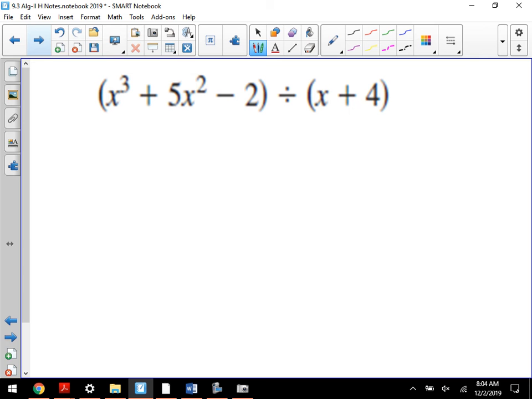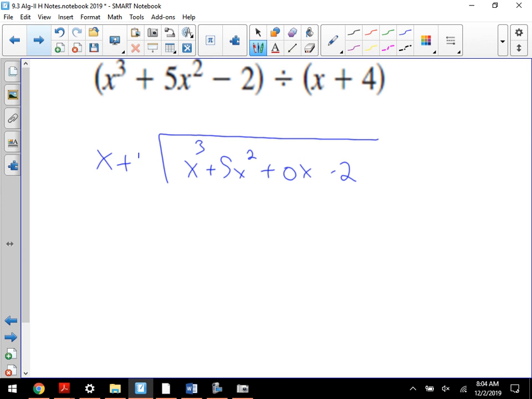So I'm going to write x cubed plus 5x squared plus 0x minus 2 divided by x plus 4. Remember, the reason we're doing that is so we have a placeholder, and it'll allow us to line things up cleaner, if you will.